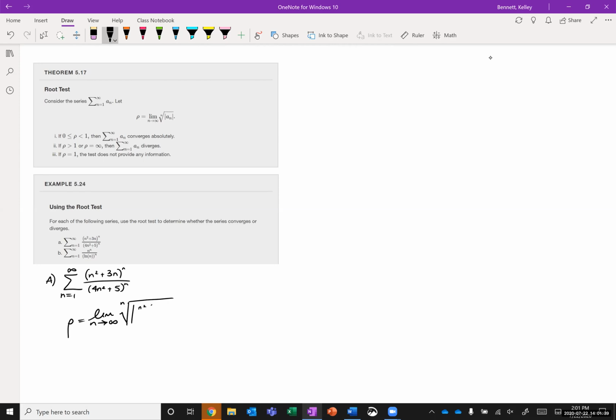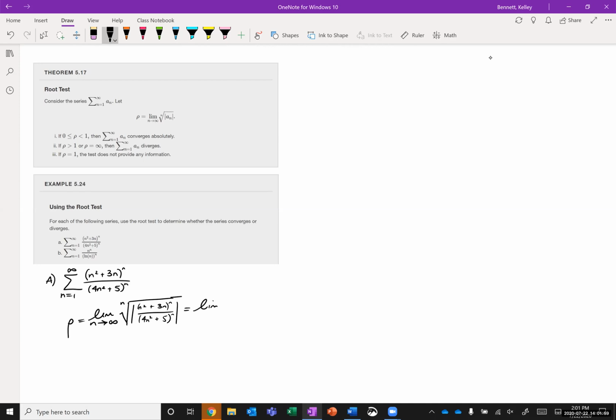So this is ((n²+3n)/(4n²+5)) to the nth power, absolute value. But these terms are all positive inside, so I don't really need the absolute value.